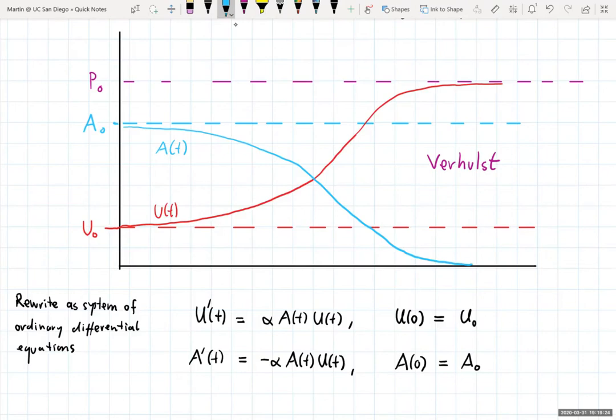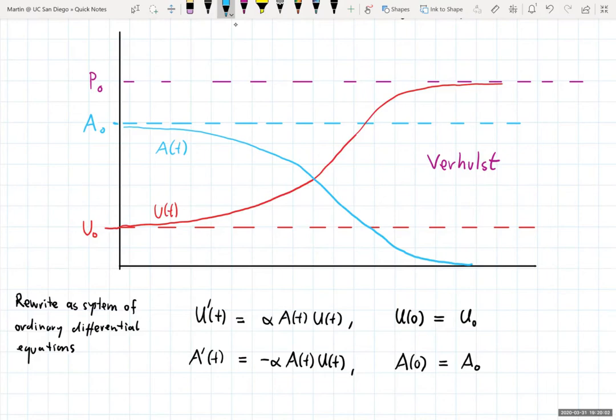And the number of available people in the social network has a derivative that can be described as follows, namely a prime of t equals minus alpha times a of t times u of t, which is completely understandable, as the number of users goes up, the number of available people goes down by the very same amount.